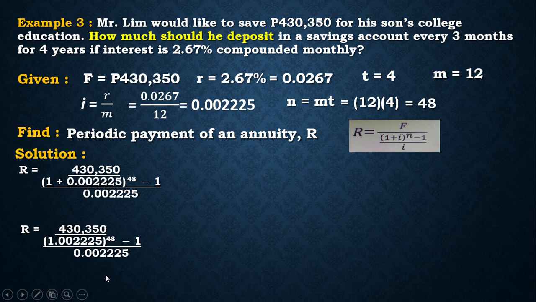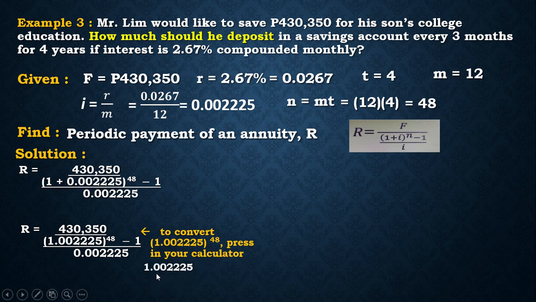So, i-convert natin to. How? To convert 1.002225 raised to 48, press the following in your calculator. Unang-una, 1.002225. Kung may makikita kayo na symbol na ganito sa calculator, o kaya ganito, o kaya ganyan, kahit ano po dyan, pwede nyo pindutin. Isa lamang po. And then, press 48, which is the exponent, and press the equal sign.